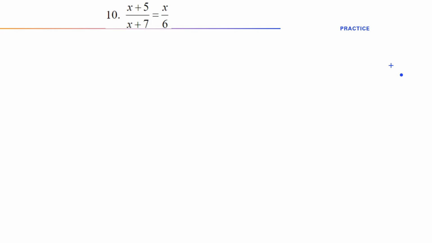Alright, for the next question, remember we have the cross product. AD equal BC. In this case, we have the denominators x plus 7 and 6. 6 is okay, but x plus 7 could not be 0.